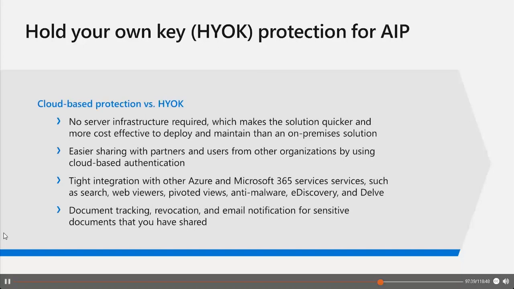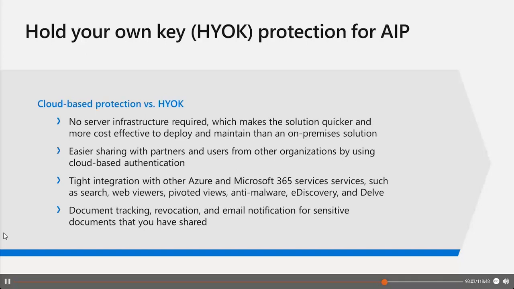So what we need to take a look at is the difference, the versus, between the cloud-based protection and the hold your own key. As I already mentioned before, with hold your own key you need to provide your own on-premises AD RMS infrastructure with their own key material.